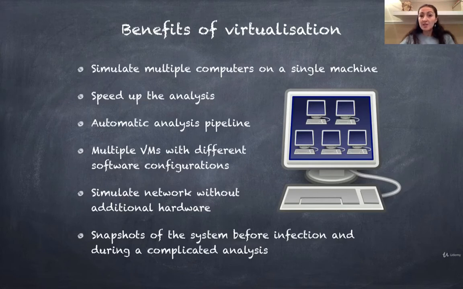Using virtual machines greatly speeds up the analysis process, since we can have VMs already configured with all the necessary software and our tools ready to go. Another important benefit of virtualization is that we can programmatically spawn virtual machines when needed, execute samples, and collect execution artifacts.